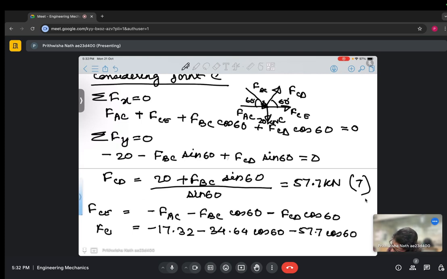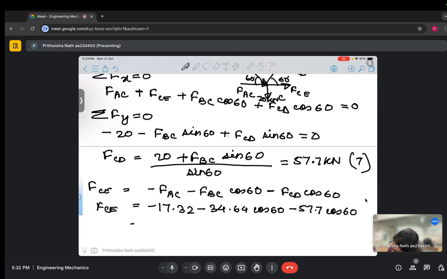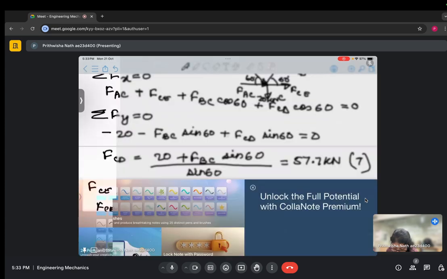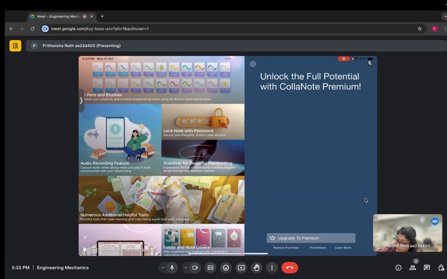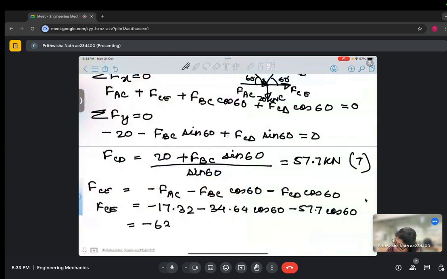So FCE this is 63.49. This is under compression.